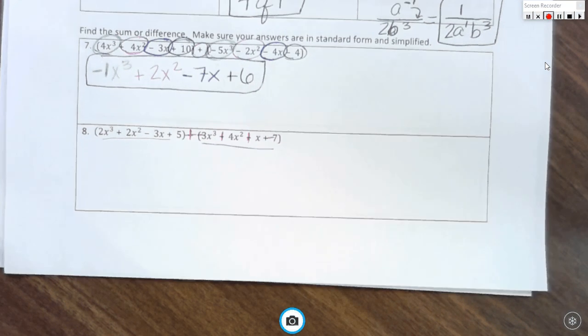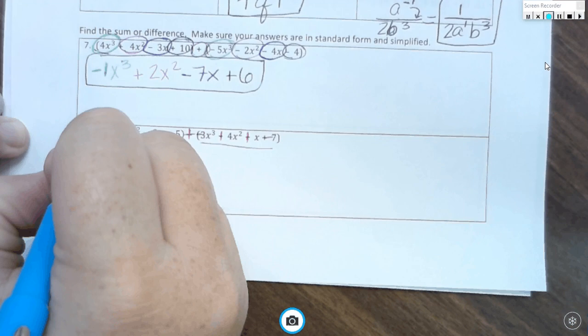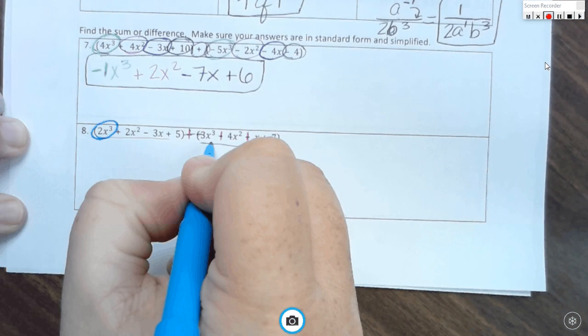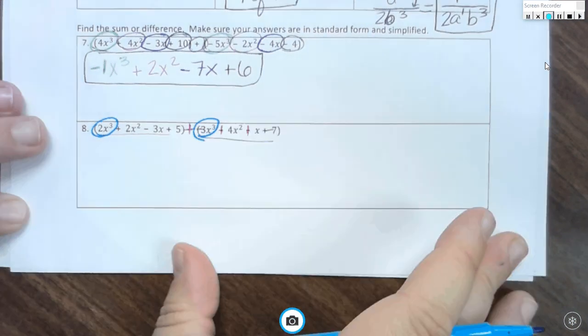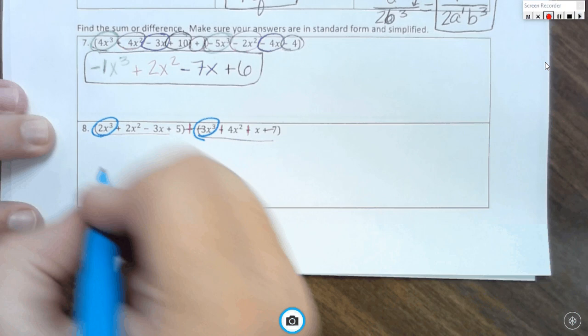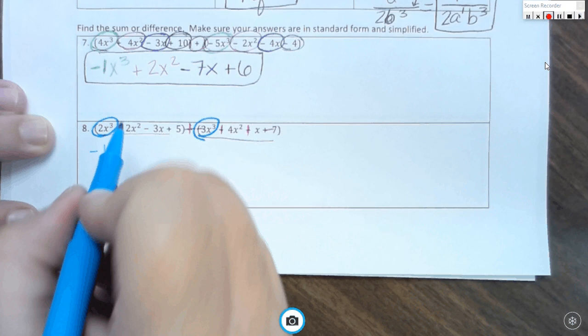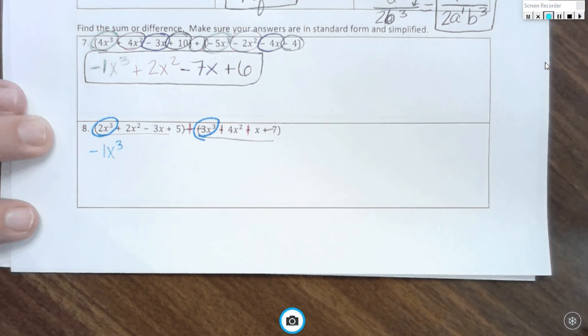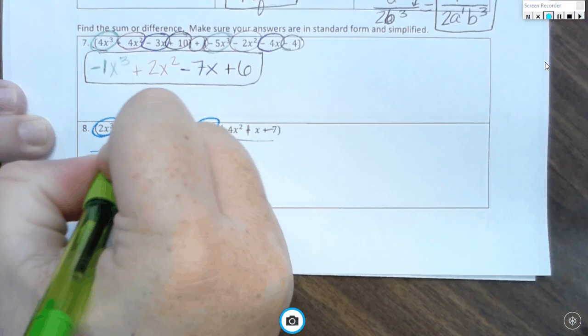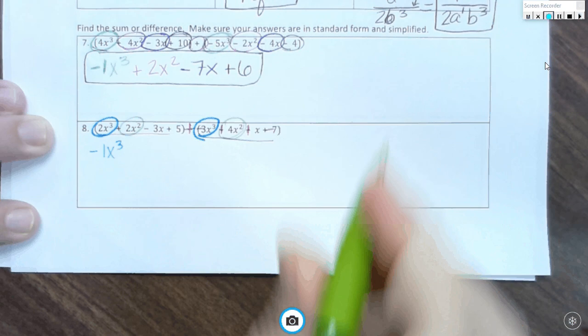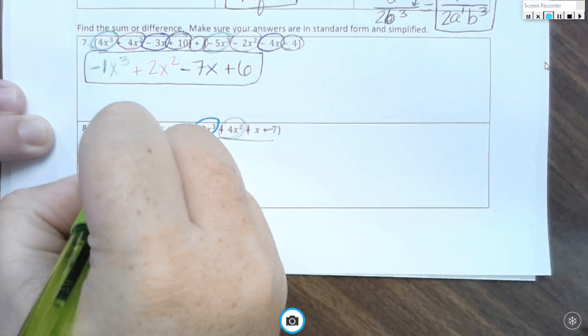So powers of 3. I have 2x to the third and I have -3x to the third, which would give me negative 1x to the third. I have 2x squared and 4x squared, which would give me 6x squared.